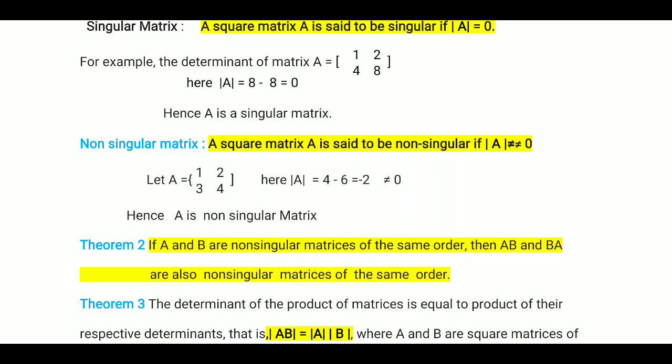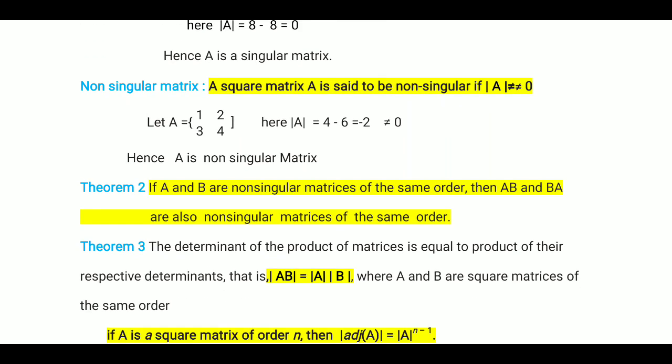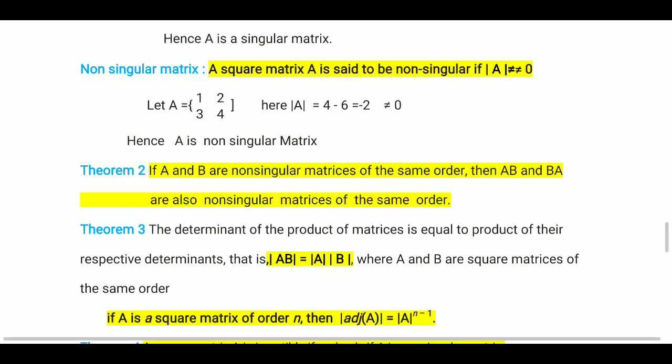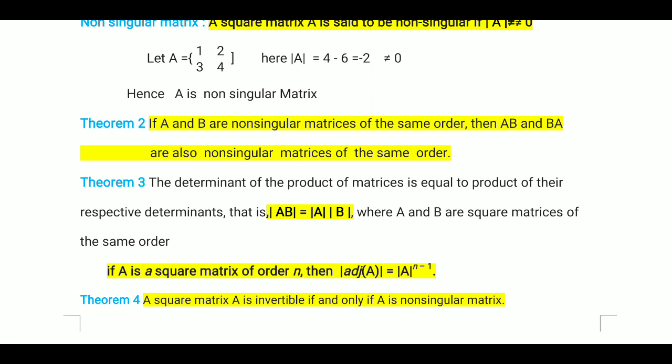So we can say this is not singular. And now another theorem is, if A and B are non-singular matrices, then AB and BA are also non-singular matrices of the same order. It is the theorem.